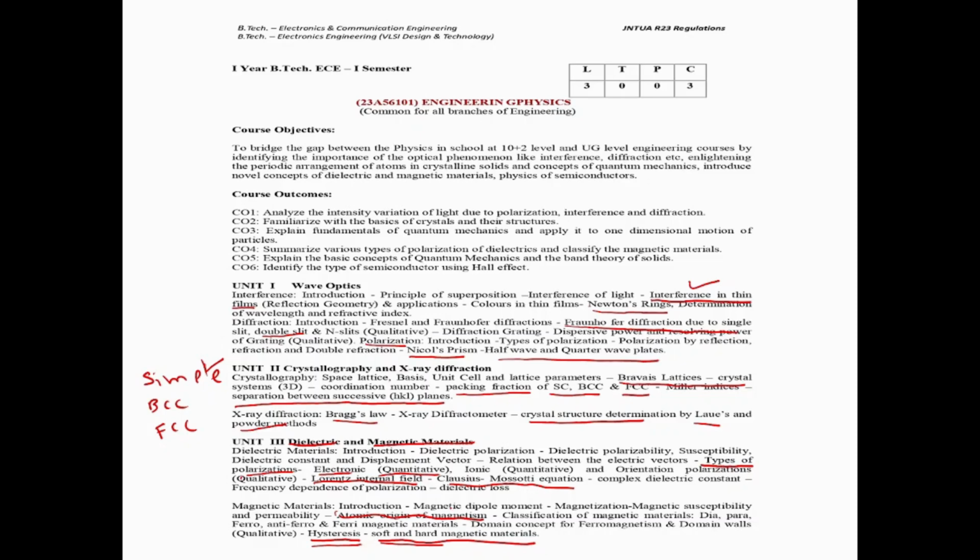Now after these three units, we will focus on the fourth unit, that is quantum mechanics and free electron theory of conductors. First of all we will discuss quantum mechanics.